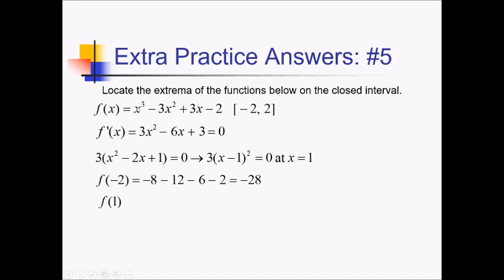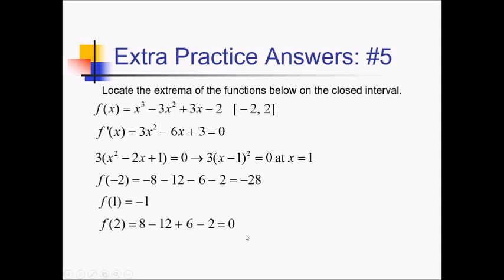So that's going to be 1 minus 3, which is -2, plus 3 is +1, minus 2 is going to be back to -1. And then finally, testing out +2, that's going to be 8 minus 12 plus 6 minus 2. So that's -4 plus 6 is 2, minus 2 is 0.